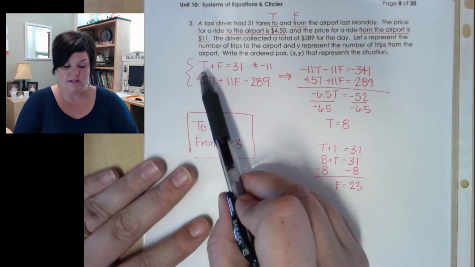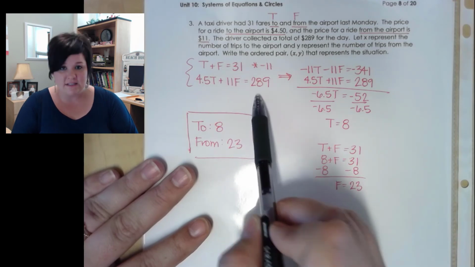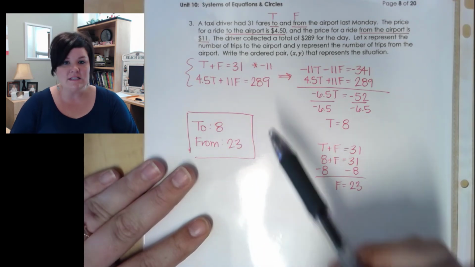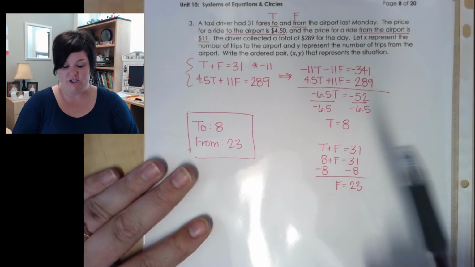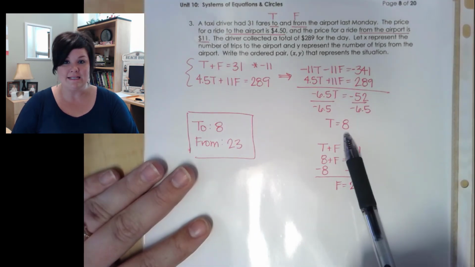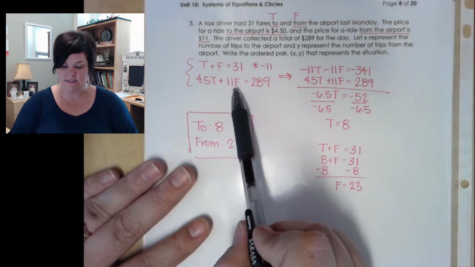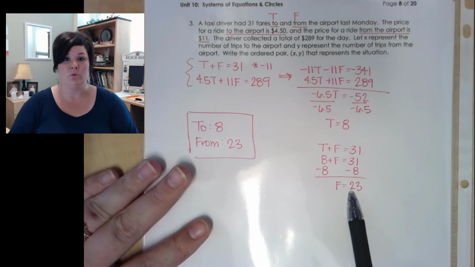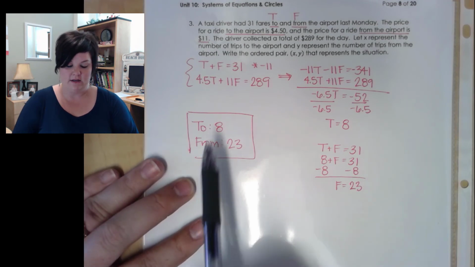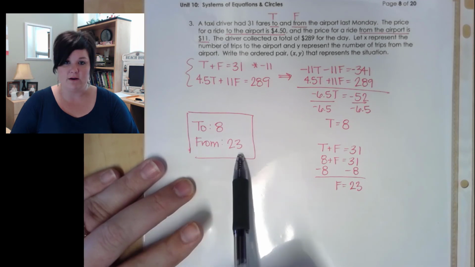Or if you solved this first one for T or F and then plugged it into the second one, that's also okay. Okay, so there's lots of ways to solve this. I just chose to clear F. So when I clear F and solve for T, I got 8. And then you take that 8 and plug it back into one of the equations, and F should give you 23, which means that we had 8 trips to the airport and 23 trips from the airport.